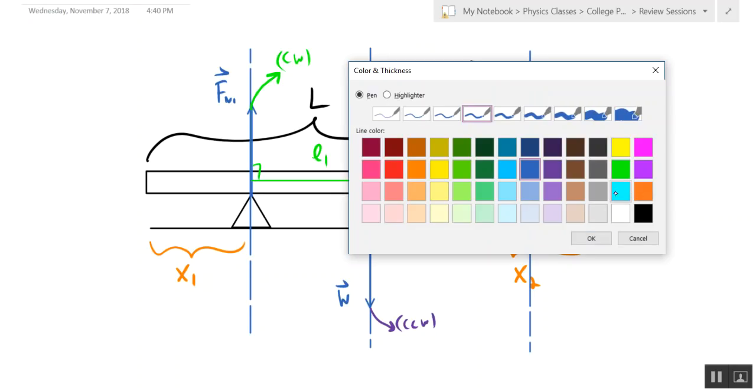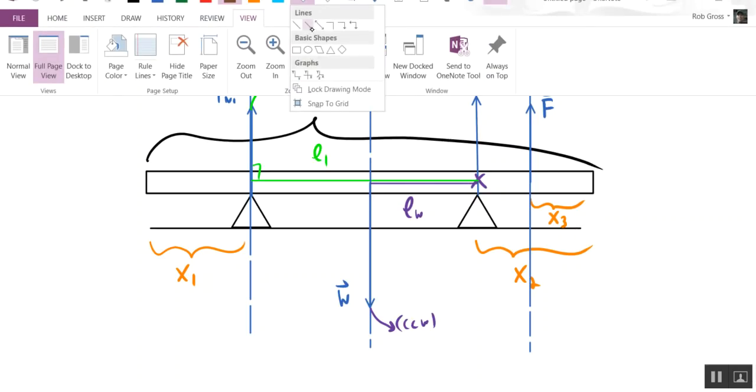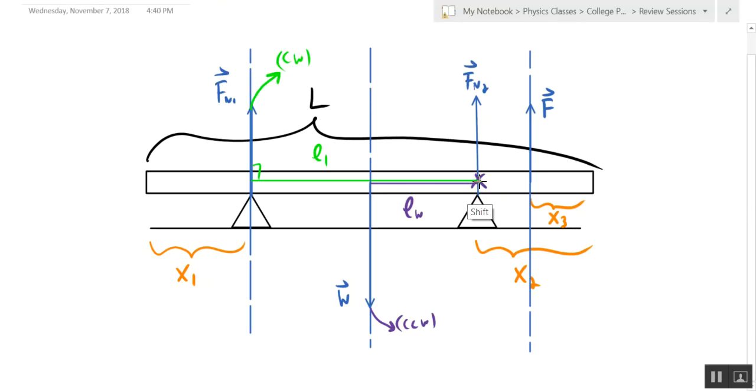Brown. So from the axis to the line of action would be this, which is LF, right? How would you figure out LF? It's just the difference of x3 and x2, correct?